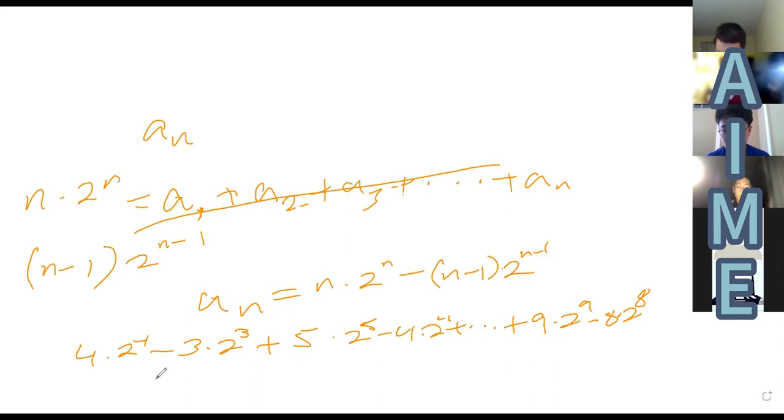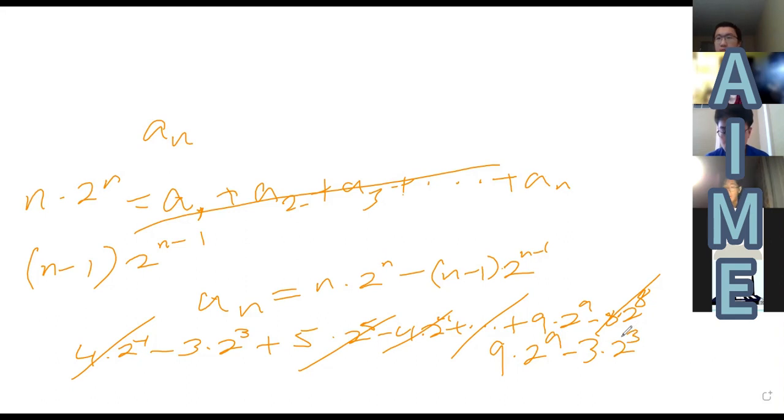So all of these terms here cancel, and then we have 9 times 2^9 minus 3 times 2^3. But in order to get the average, we need to divide by the total number of terms, which is 6. And then my final result was 764.